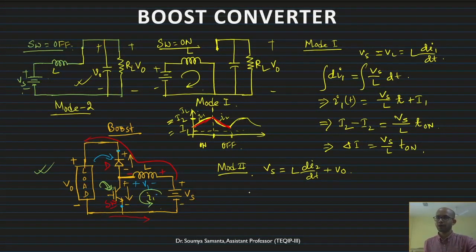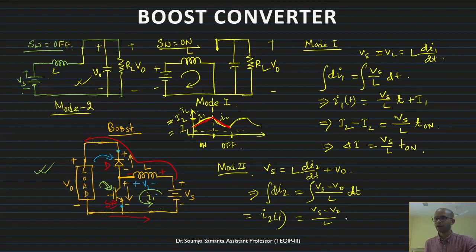Now we can write the integration of di2 equals Vs minus VO by L into dt. Integrating, we will get I2 of t equals Vs minus VO by L into T.